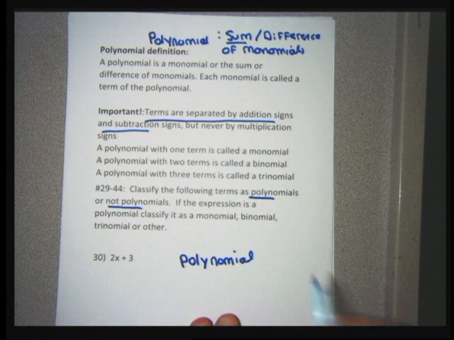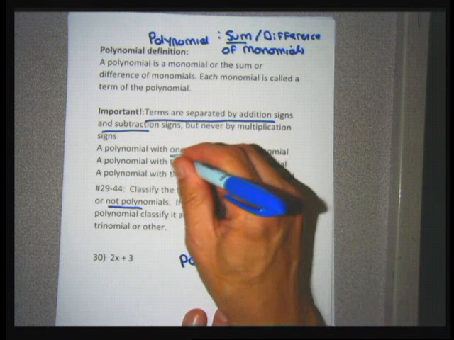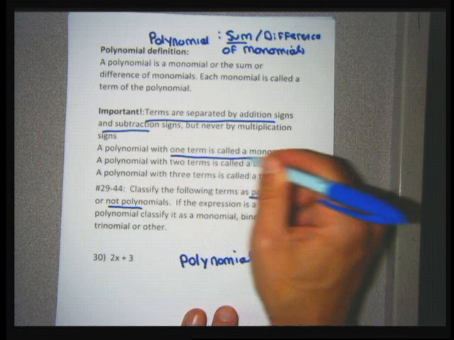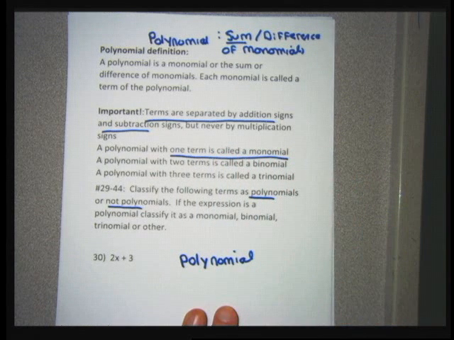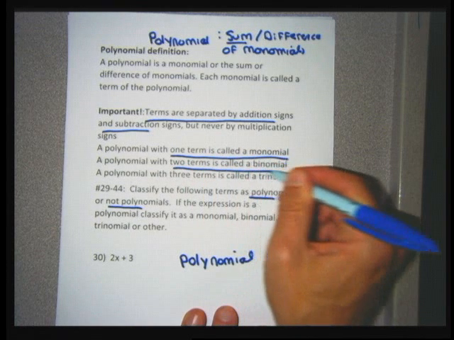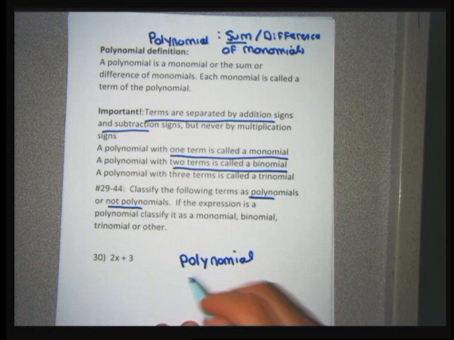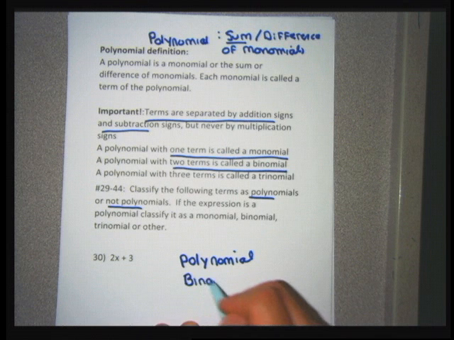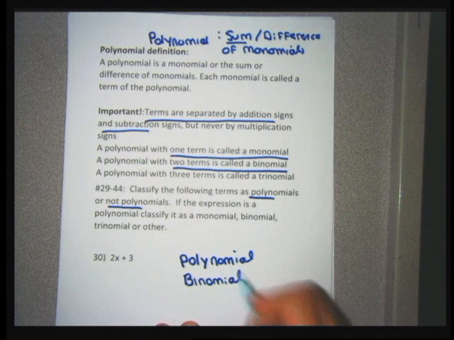There are 3 common subcategories of polynomials. The first one we looked at was a monomial. That's a polynomial with 1 term. It won't even have plus or minus signs. A polynomial with 2 terms, of which problem 30 is an example, is called a binomial. So I'm going to classify this as a special type of polynomial. It's also a binomial because it's a polynomial with 2 terms.